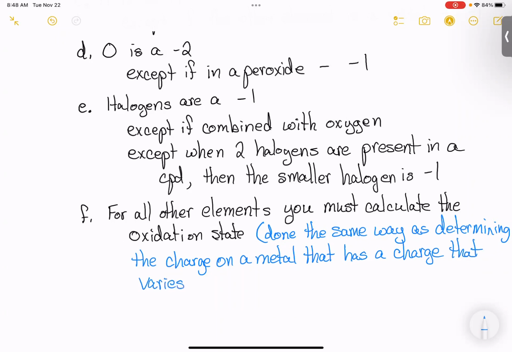The process is the same, but the difference is you use the oxidation states rather than charges in this particular case.